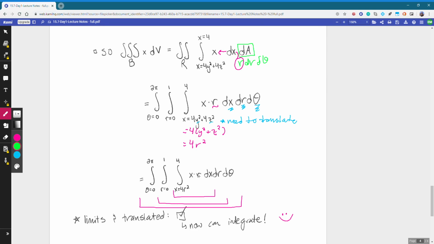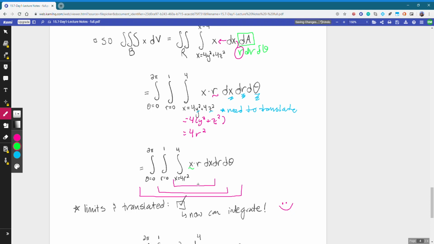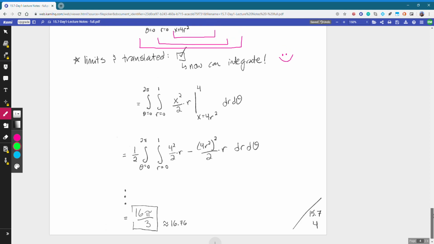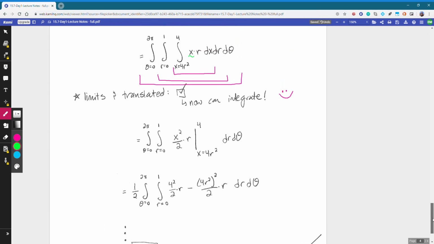R is just some constant multiple here, and so we're really just integrating the x. It's going to be x squared over 2. Integrating the x gives x squared over 2, and we want to evaluate that from x equals 4r squared up to 4.